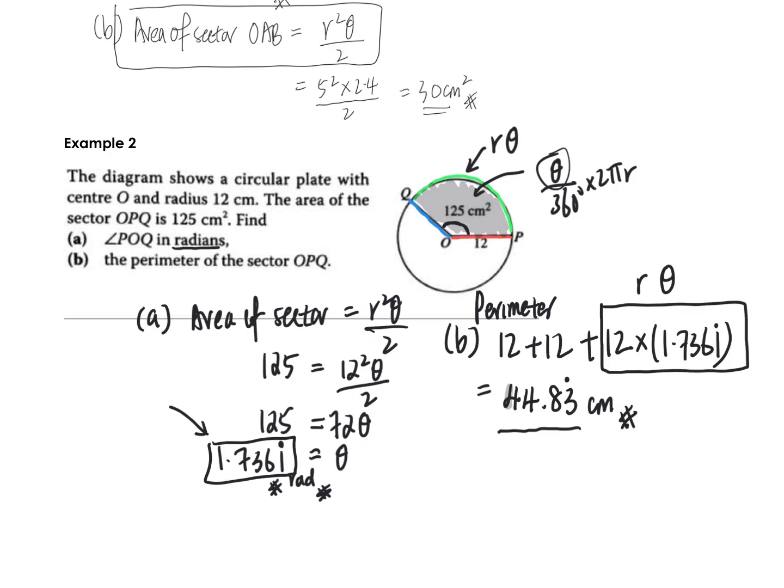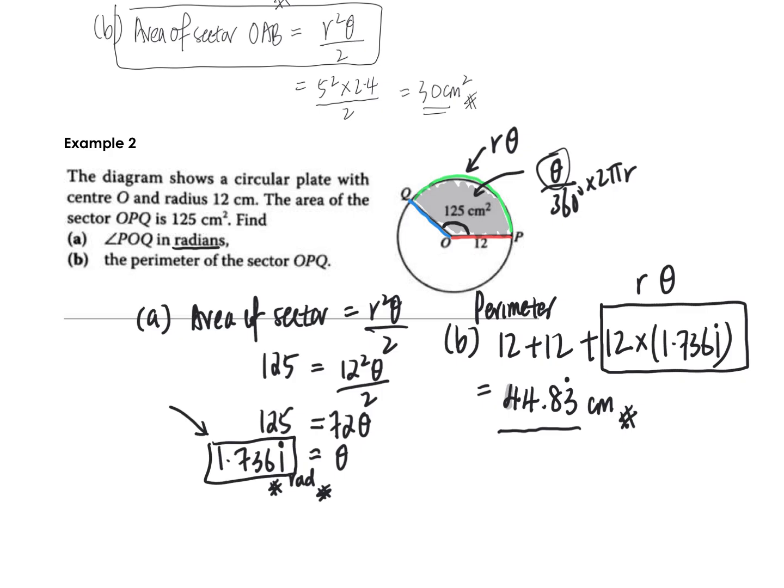My value was endless. But if you rounded off the value here, then you give me 44.8. 3SF is also correct. Okay? I'm just giving you the most exact answer I can give you.